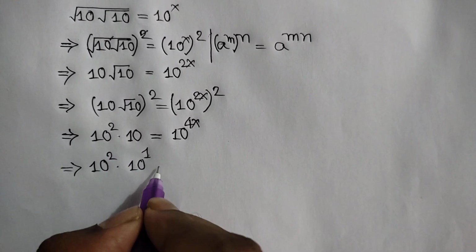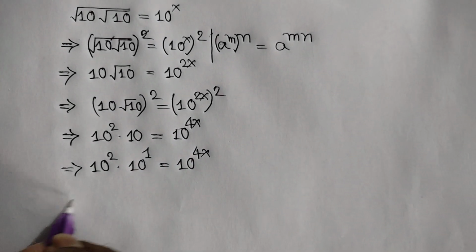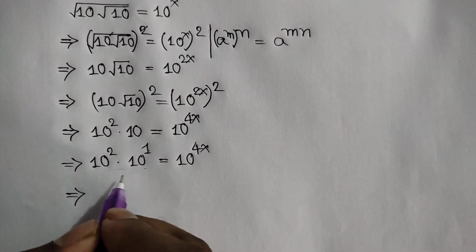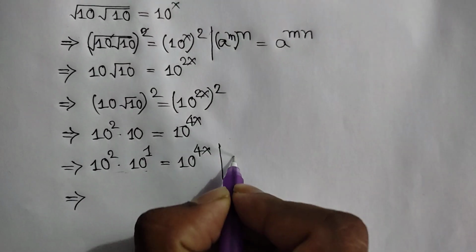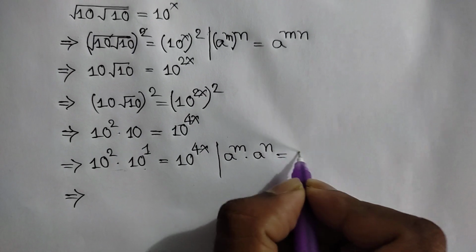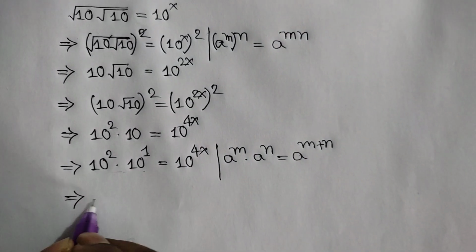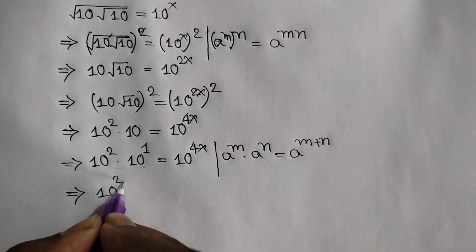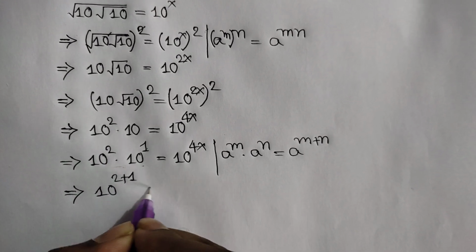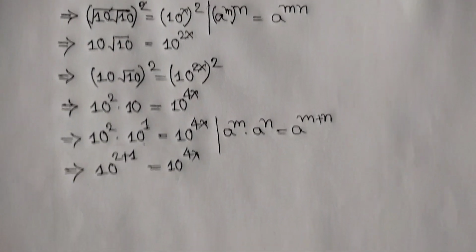Is equal to 10 to the power 4x. Here we can apply this exponents rule, a to the power m times a to the power n is equal to a to the power m plus n. Apply this rule, here we can write 10 to the power 2 plus 1 is equal to 10 to the power 4x.